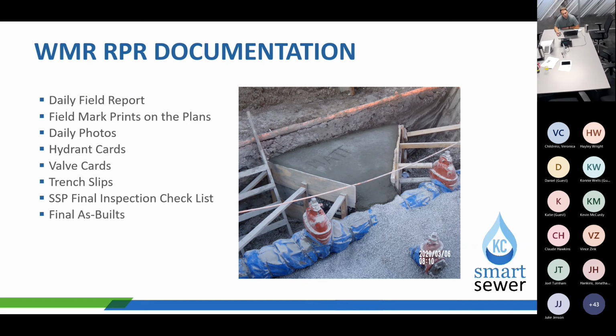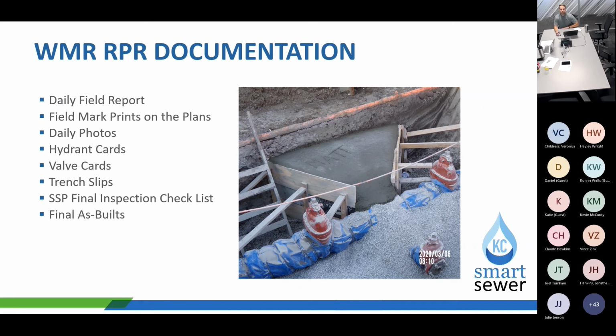So the daily photos, I can't also recommend daily photos, say 1,000 words. See the blue that's on there, it looks like a trash bag. It's not, it's polywrap. That polywrap protects that pipe. Now, what I also know on 3/6, it has a timestamp. It has a date.